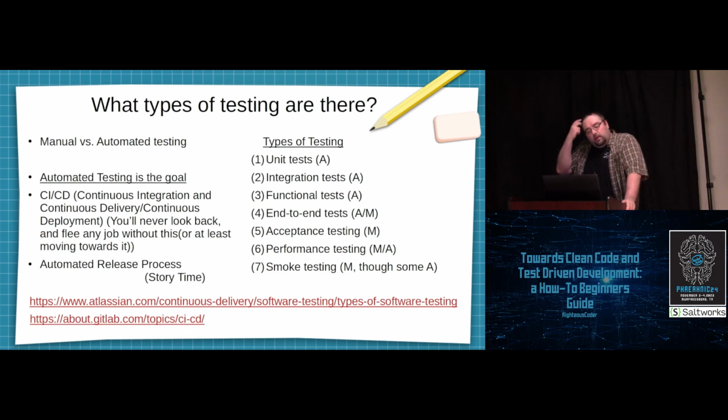Like I said here, automated release process story time. So, why is CI/CD so important? Because it takes the individual developer and their machine out of your critical flow for your app being released, published, and tested.